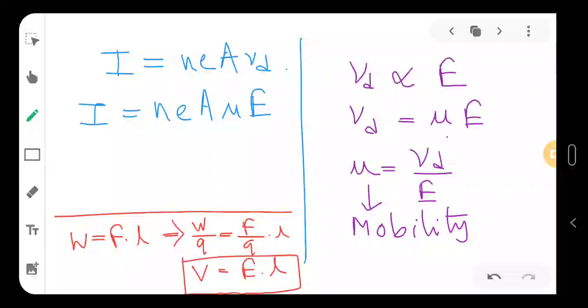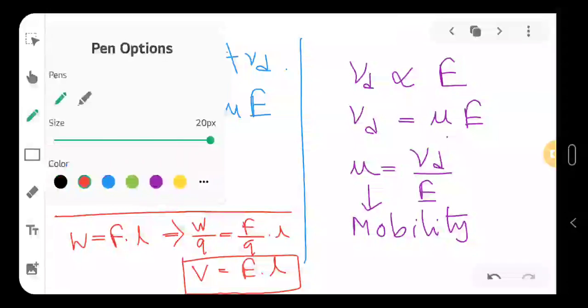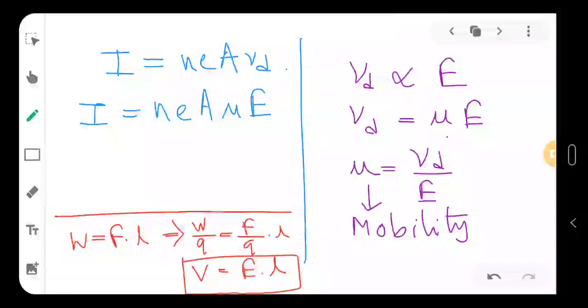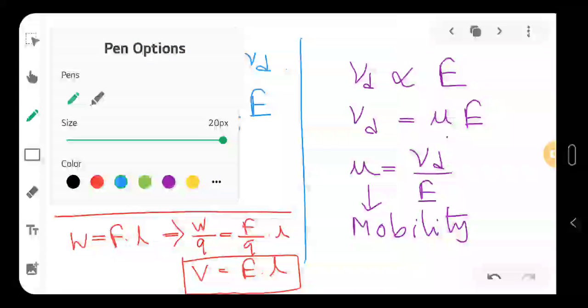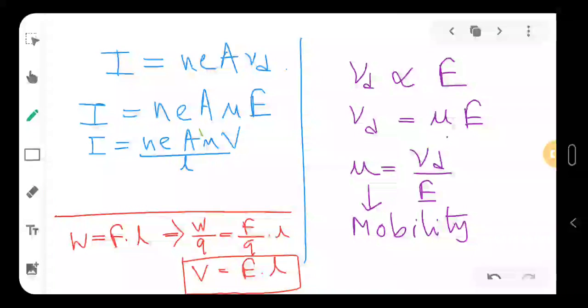So from here we can do one thing. We can substitute the E from above. If I substitute, I will be getting N E A mu, and instead of E, I can write V by L. So you can see this first portion, I am using another color.